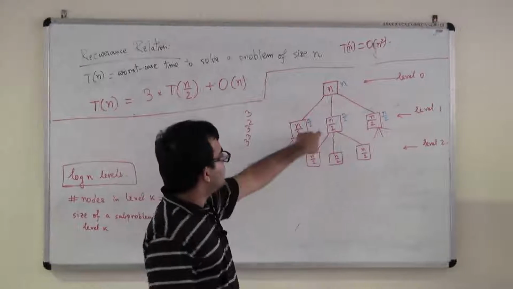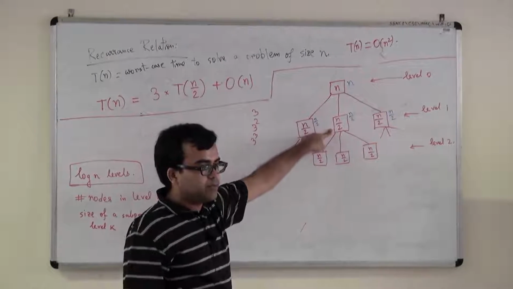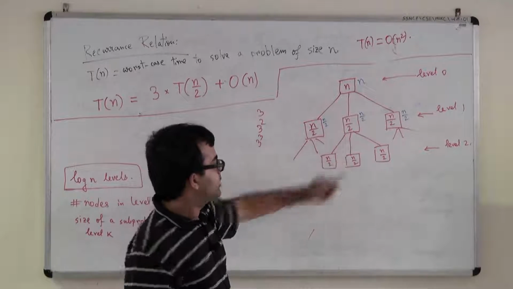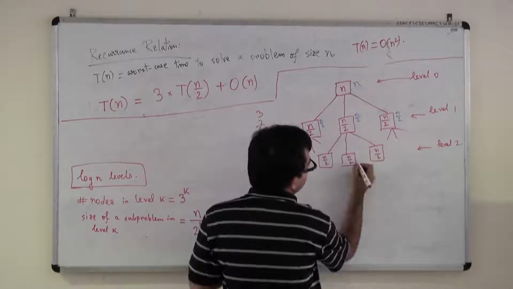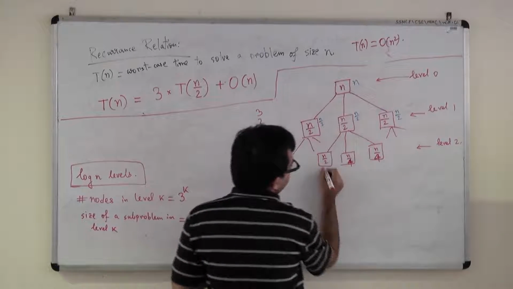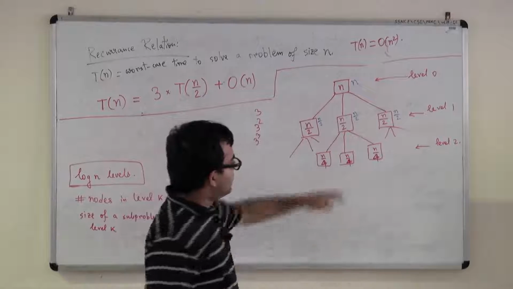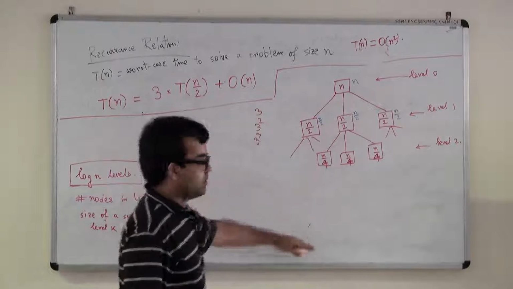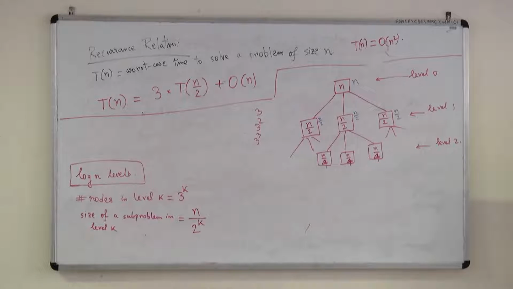Again look here. In level 1, the size of a subproblem is n by 2. In level 2, it's going to be half of that. Sorry, this is n by 4. You should correct me. So in level 2, it's n by 4. In level 3, it's going to be n by 8. As you go down to level K, the size of a subproblem is n by 2 to the power K.